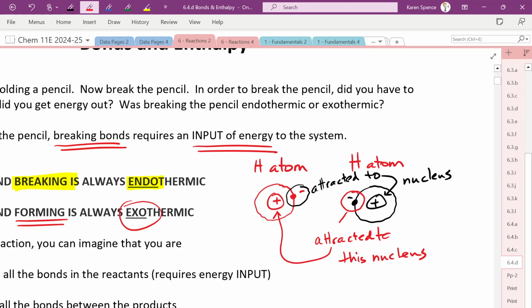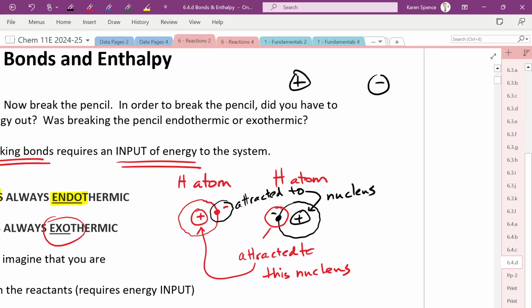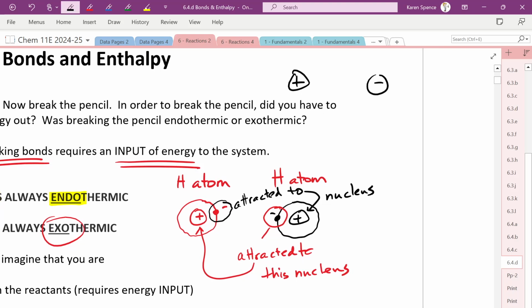Yes? Okay. Now, if I was to put just a positive charge and a negative charge like that, and this is a fairly unstable arrangement, how could I make it more stable? Bring them closer together. Okay, so this is going to come together. So this is unstable. This is more stable.